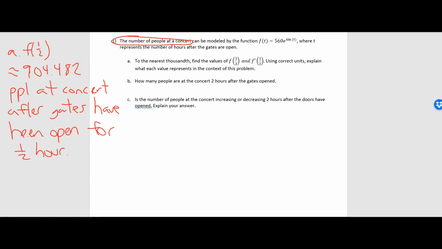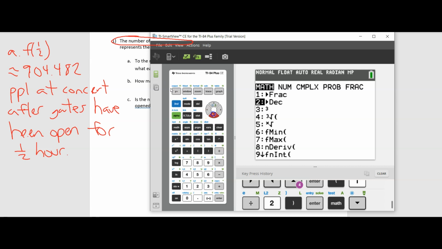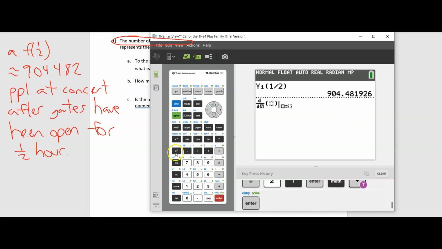Okay, now we need to find the value of f prime of 1/2. So we talked about this before, just earlier in this lesson. But if we go back to the calculator, we can let the calculator evaluate a derivative for us. So we're going to go to math, go down to option 8, nDeriv. Hit enter. We're going to take the derivative with respect to x, because that's what our function was entered into the calculator with.